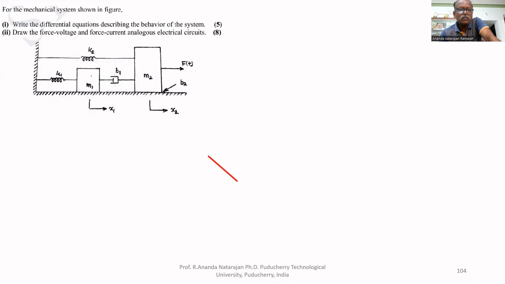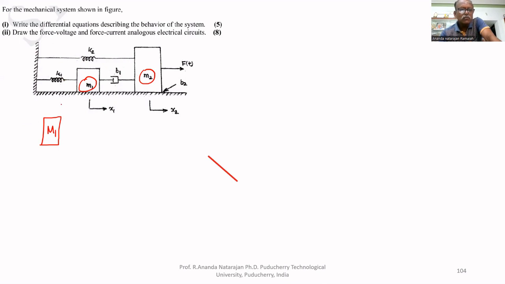Here two masses are there, M1 and M2. If we draw the free body diagram for M1, what are the forces acting on it? The forces acting on it are because of K1, B1 and M1.